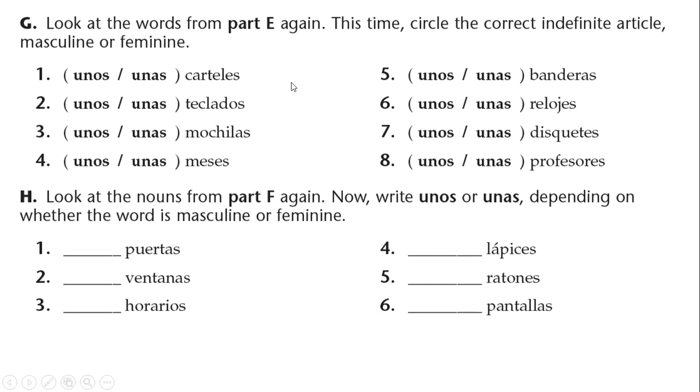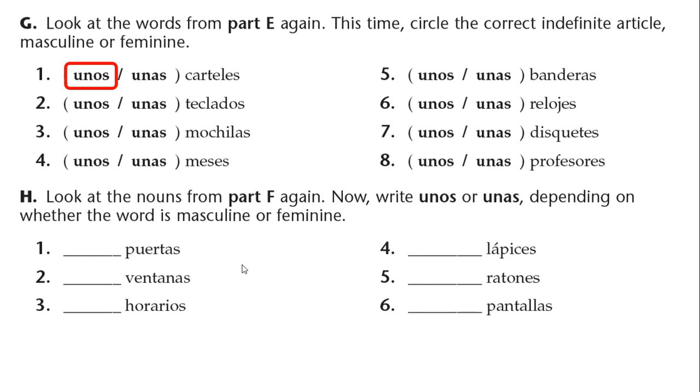So pause the video, circle unos or unas, depending on if the word is masculine or feminine, and then in this part, write in unos or unas. They're all plural. So you're deciding if they are masculine or feminine. Pause the video, circle, and write in your answers, and then restart to check.